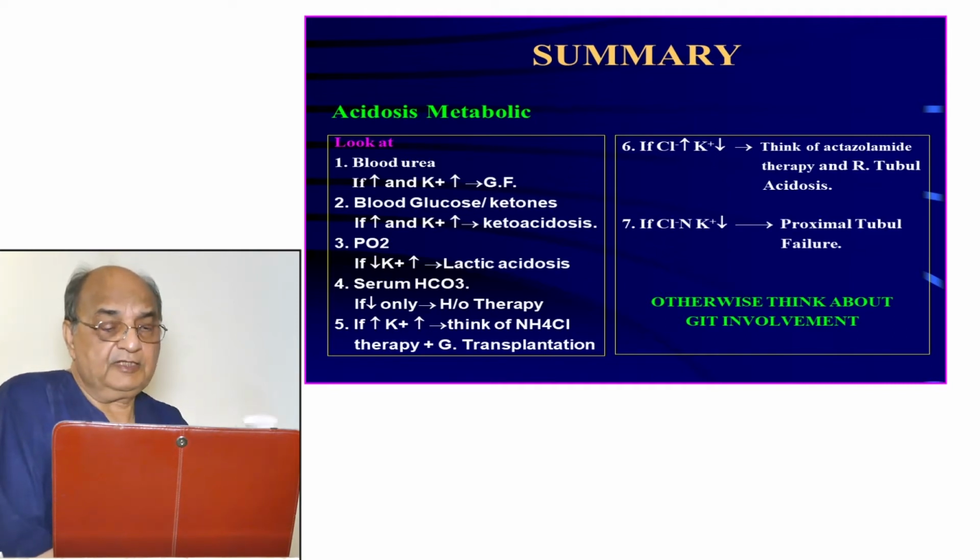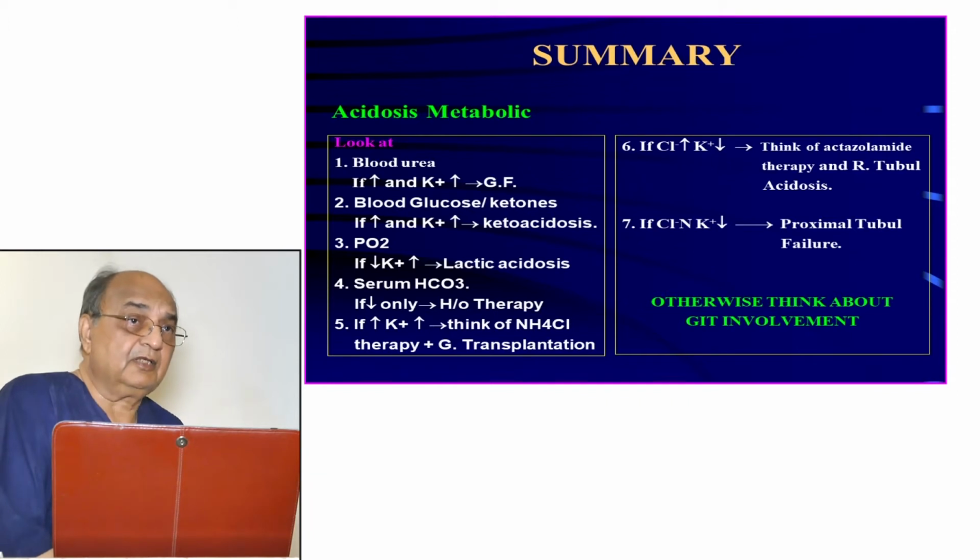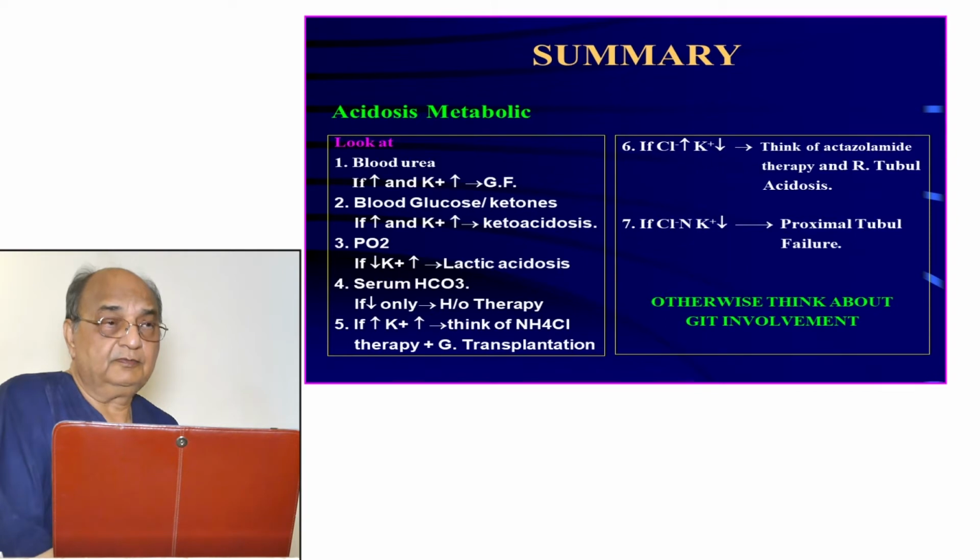If it is increased and the potassium is increased, it is a glomerular failure. It can't be any other cause. Then you look at the blood glucose and ketones. If ketones are increased and the potassium is increased, it is ketoacidosis.